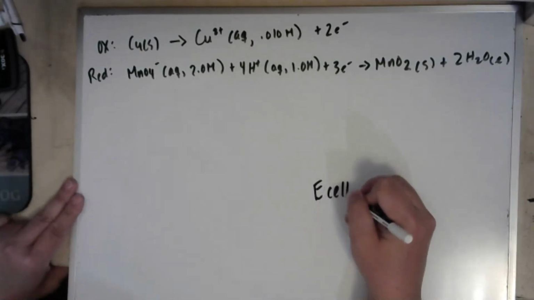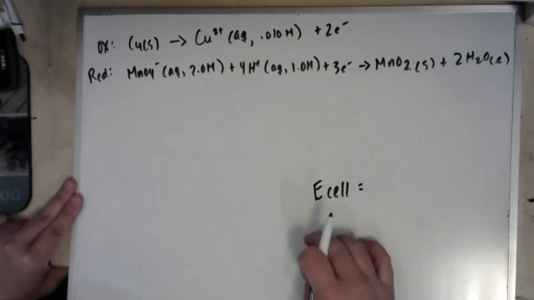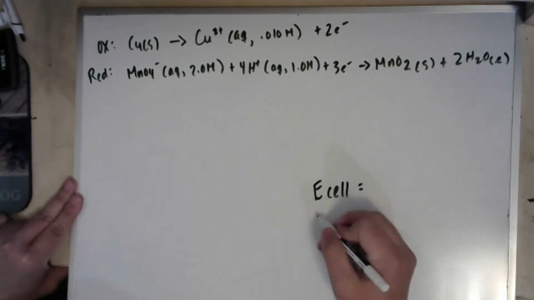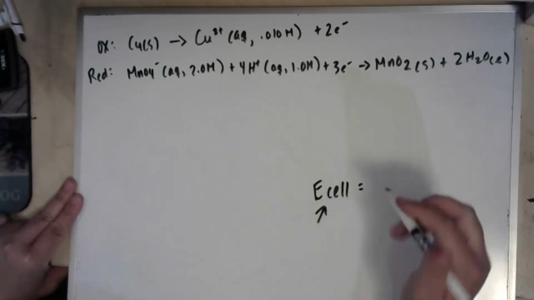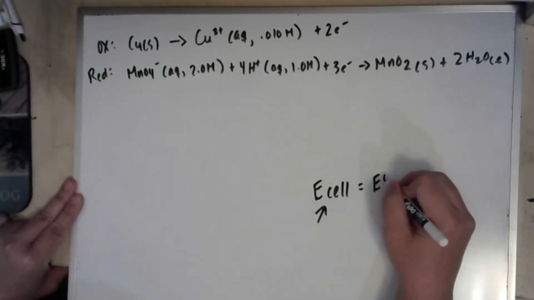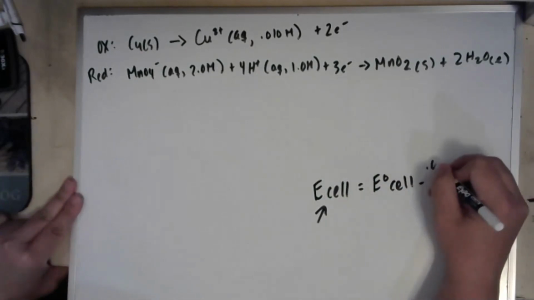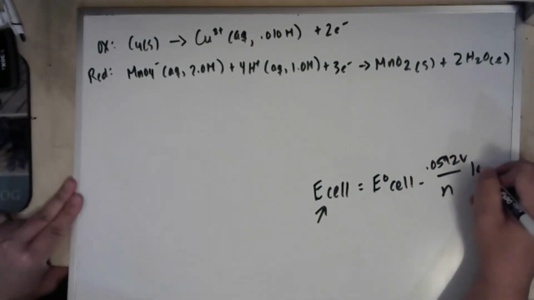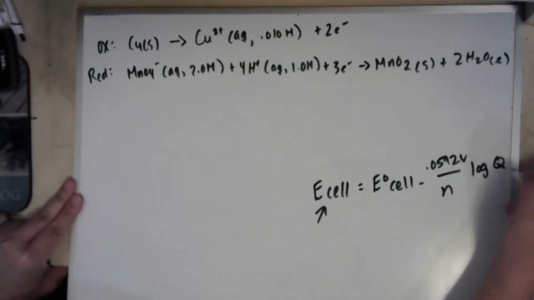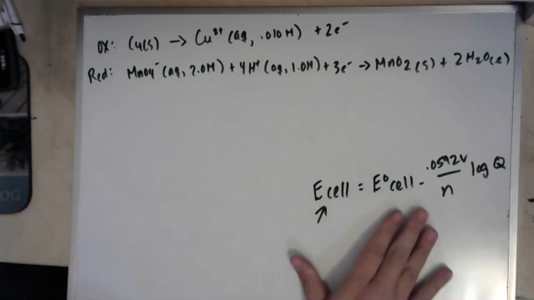But just before we start solving the problem, the equation that we're going to try to end up getting to is this one: the E cell, and this is the value that we're trying to solve for here, is going to be equal to the standard E cell minus 0.0592 V divided by N log Q. Okay, so we're going to need to figure out a few things before we can solve the equation.